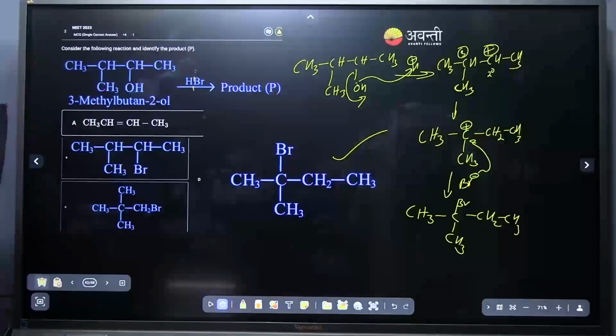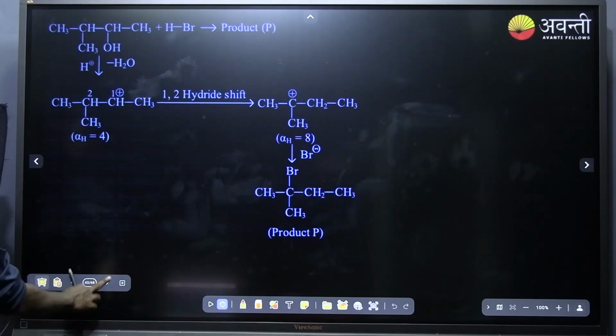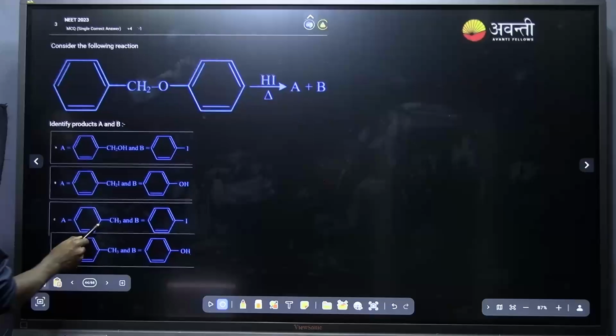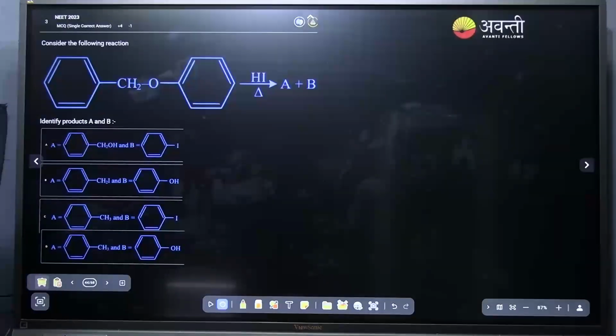Shall I move to the next one? Here is another question for you. Consider the following reaction: cleavage of ether by HI. Find out the product. I have already discussed this one in the class. A, B, C, D, what's going to be the answer?